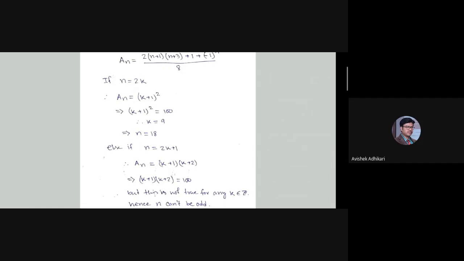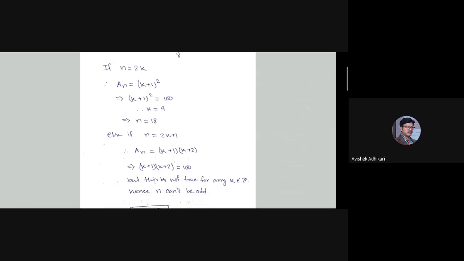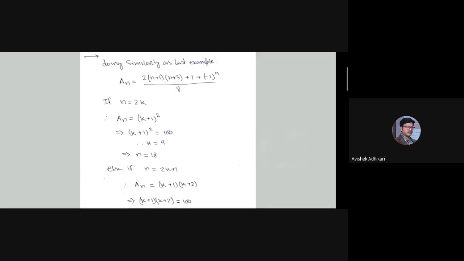What if n is of odd form? Let n equal 2k plus 1, where k is an integer. Putting n equals 2k plus 1 in the above equation, we find that a_n equals (k plus 1) times (k plus 2). As a_n equals 100, we can write (k plus 1) times (k plus 2) equals 100.